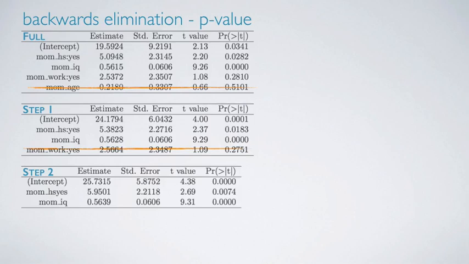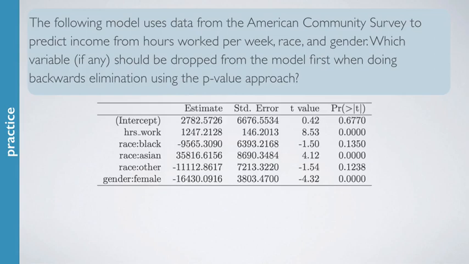As you can see, we resulted in a slightly different model using the p-value approach versus the adjusted r-squared approach, and this is not unexpected. We would expect to get very similar models, but not necessarily exactly the same model because our decision criteria is different. Let's take a look at another example for practice.